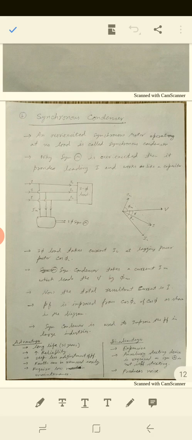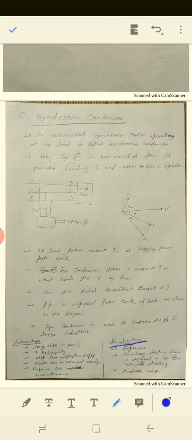What are the disadvantages? The first one is that it is expensive, because we have to connect a synchronous motor, which is expensive. The next one is that auxiliary starting devices are required as a synchronous motor is not self-starting.